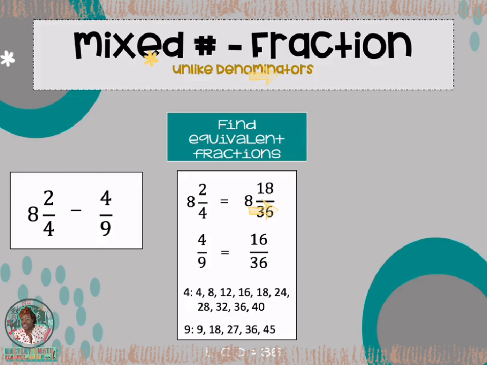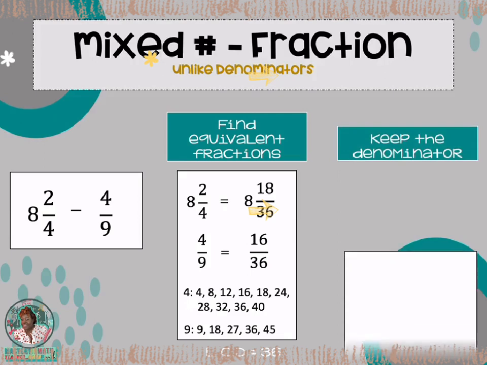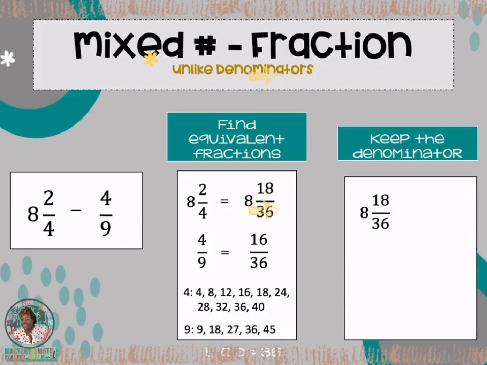And now that our denominators are the same, what are we going to do with them? That's right. We are going to subtract our numerators and keep our denominators. We're still not doing anything with our whole number as yet because now we have two fractions that we're working with and their denominators are the same. So we can subtract 16 from 18.